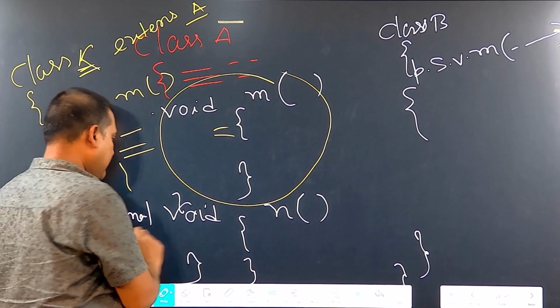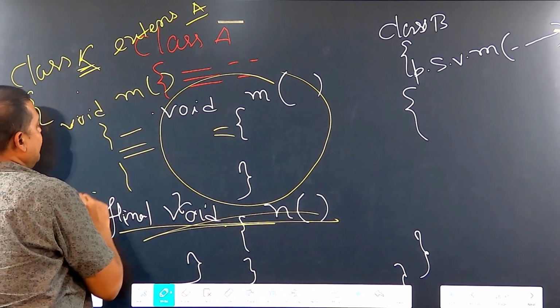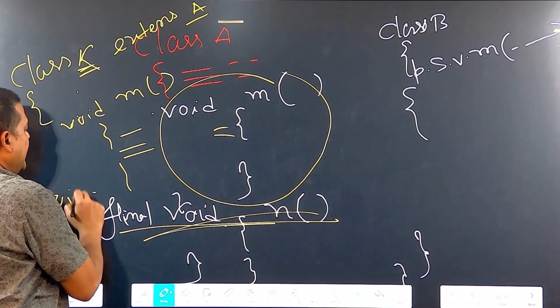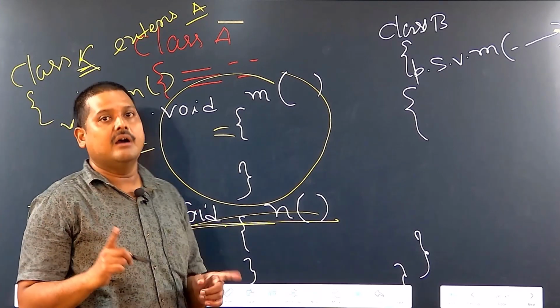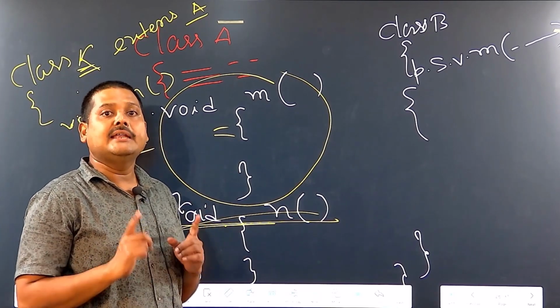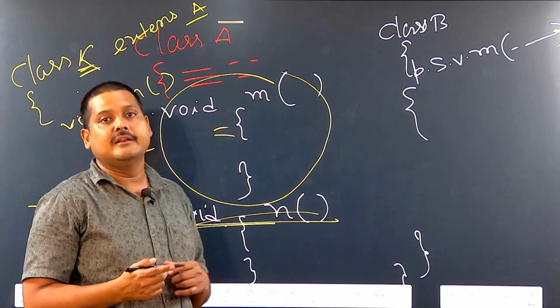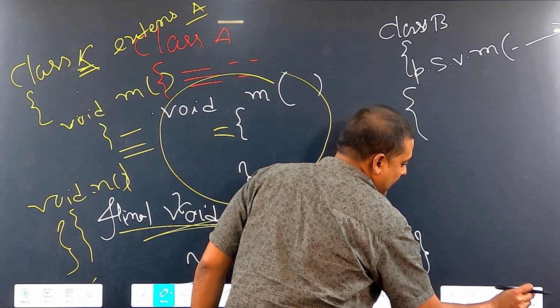But if I try to modify void n here, that is not possible. So, when a method is declared as final, it cannot be overridden in the subclass.